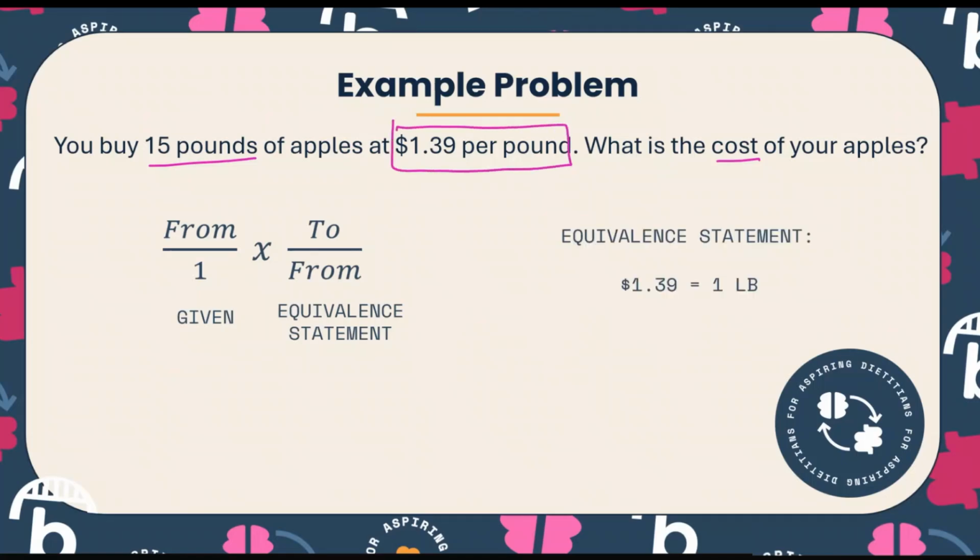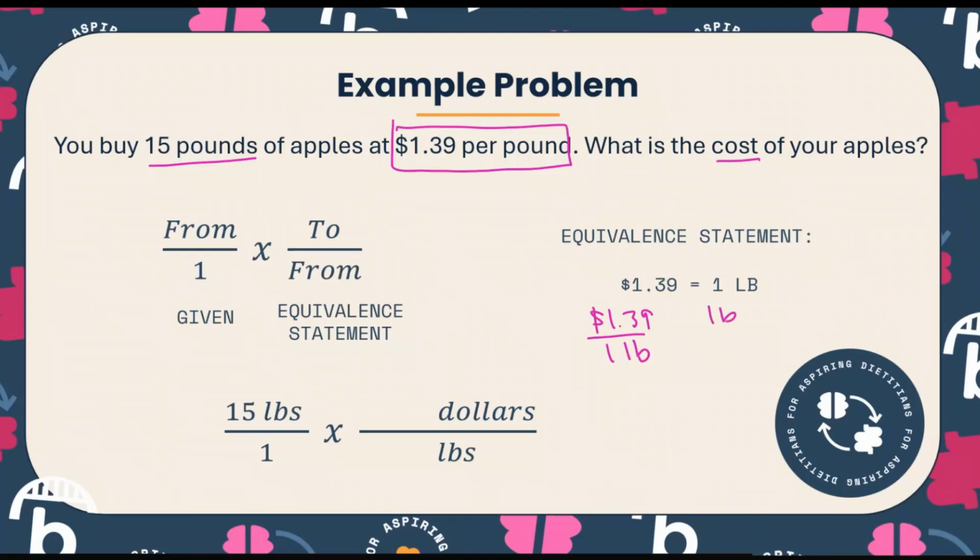And so my given is 15 pounds. Pounds will automatically go in the bottom of the equivalent statement, so they cancel out. And if you need to write this out as two fractions, $1.39 is the value of 1 pound of apples, or for every 1 pound of apples, you need to spend $1.39.